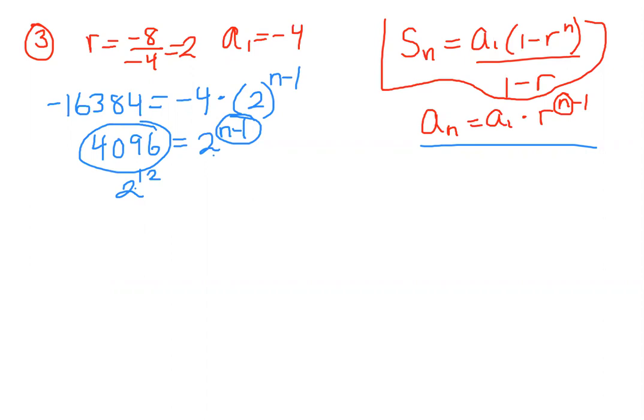And you would say log base 2 of 4096 equals n minus 1. You would do that round the world thing, and then you could do that on your calculator with log base 2 of 4096.